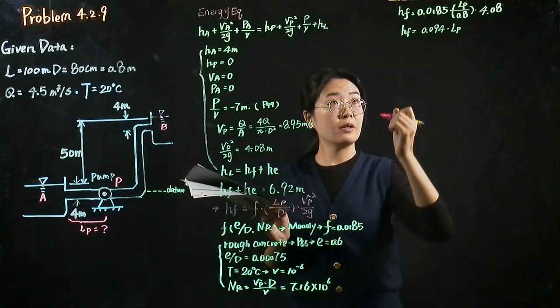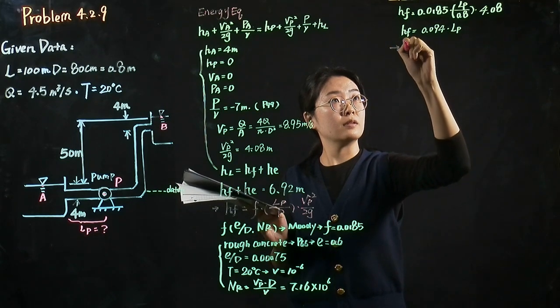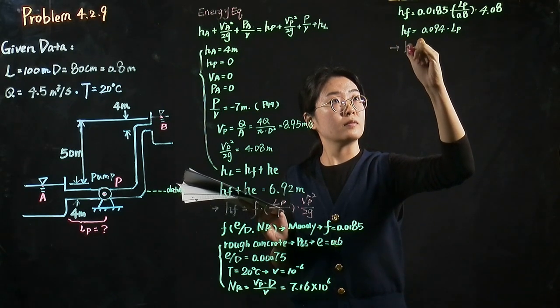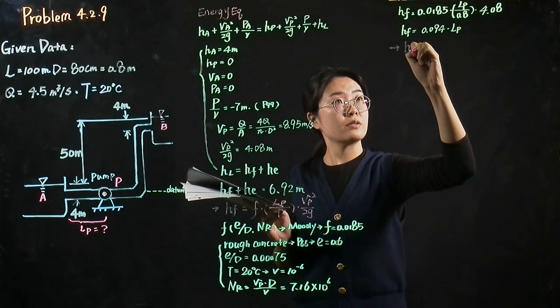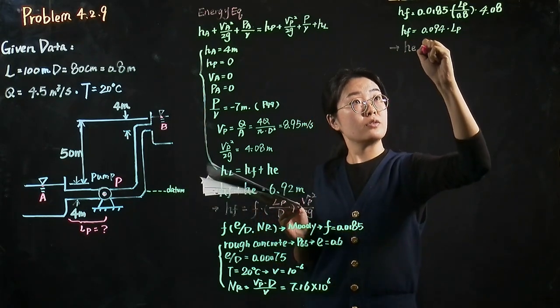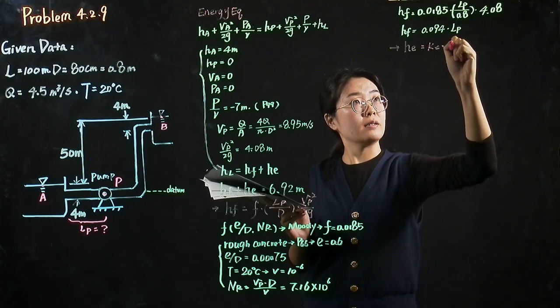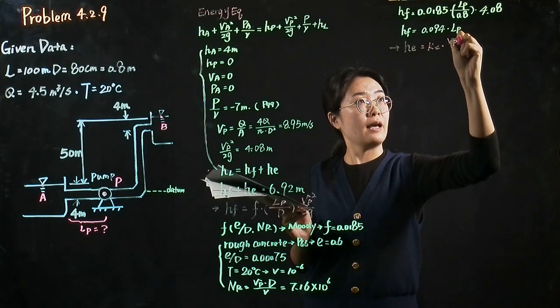And then we want to calculate the loss caused by the entrance. It equals the coefficient times the velocity head.